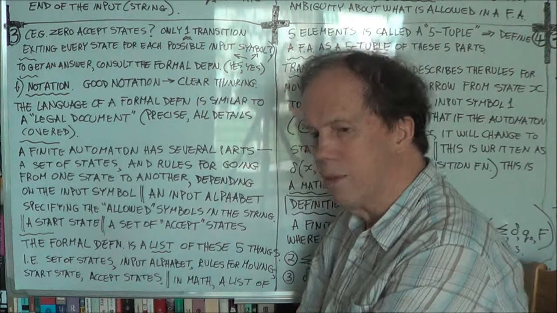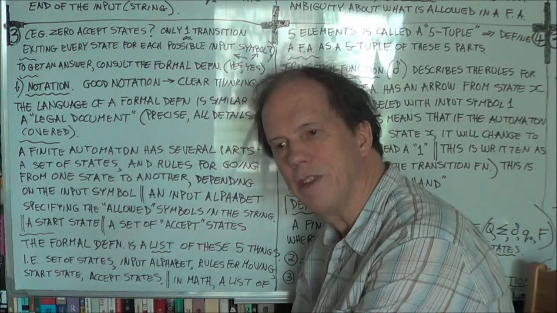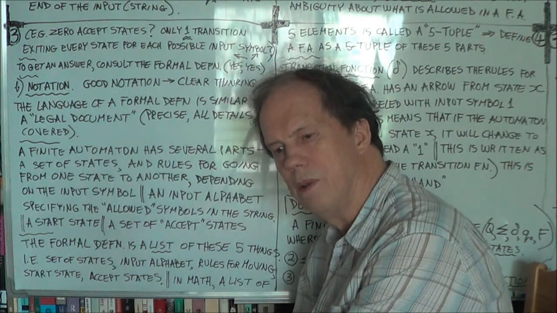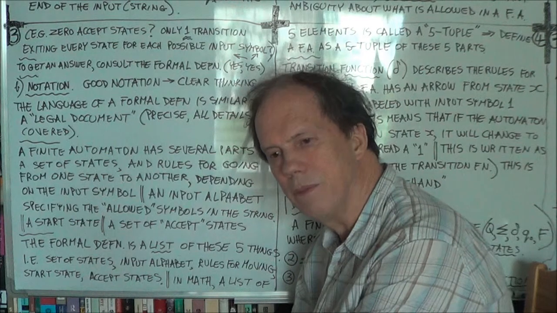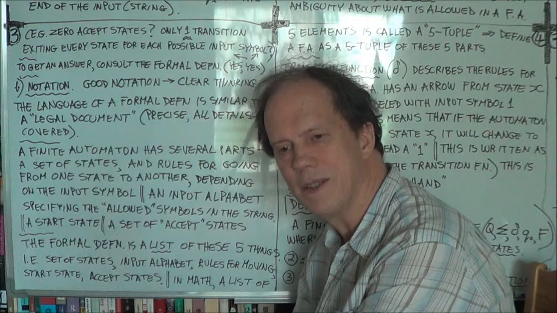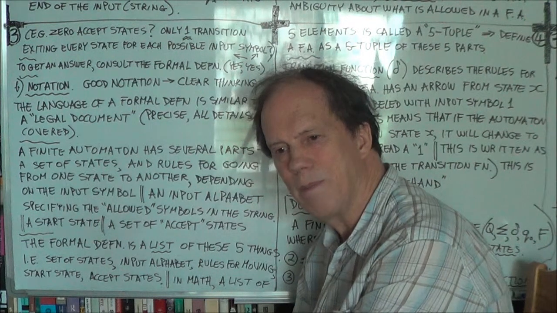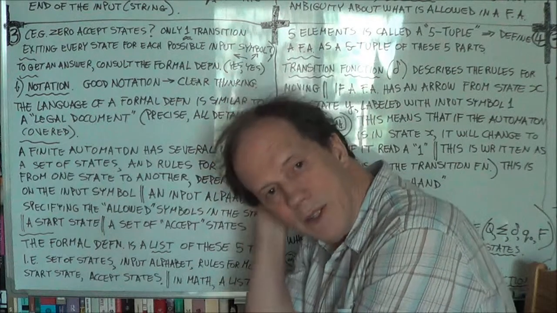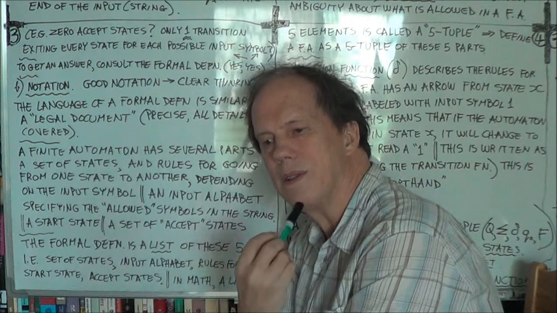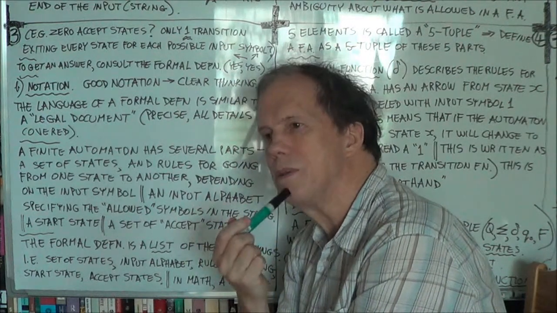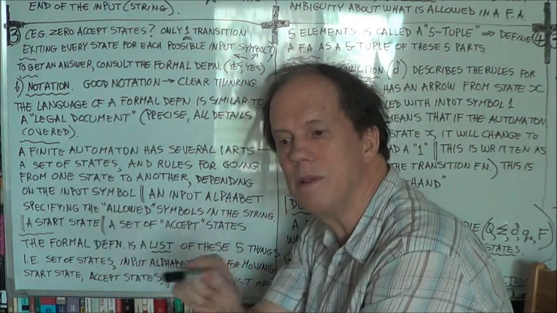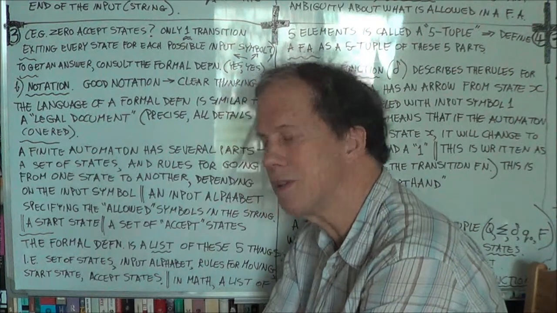Alright, well, let's start thinking about the definition itself. What would we put into it? Well, we already have a pretty clear idea of what an automaton is. So let's make a list of the parts that an automaton has. One would be a set of states, so you list the states. That would be an obvious thing to do.